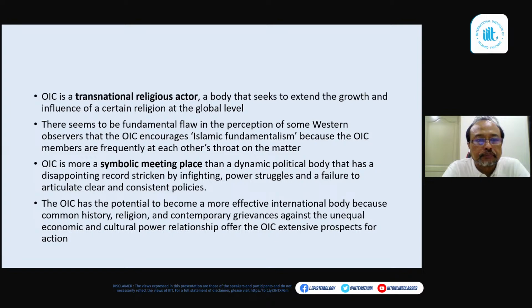And the criticism against the OIC is that it is simply a symbolic meeting place. It is not yet a dynamic political body. It has quite a disappointing record. It's driven by infighting, power struggles, and the organization so far has failed to articulate clear and consistent policies.